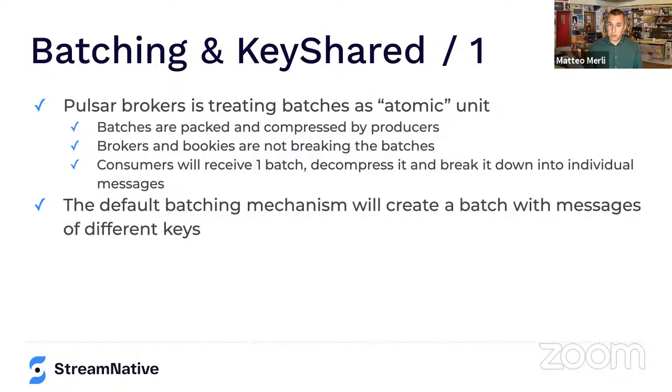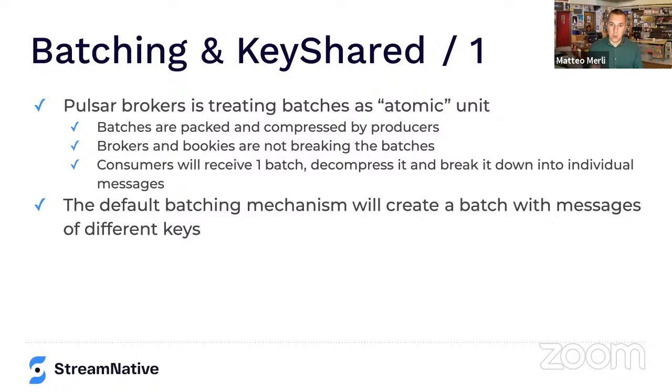The brokers and bookies basically treat the batch as a black box. We just look at the metadata before the batch to understand how many messages are in this batch, what the producer name is, and so on. But we are not looking inside the batch, because that would be very, very expensive to break that batch in the broker or the bookies.